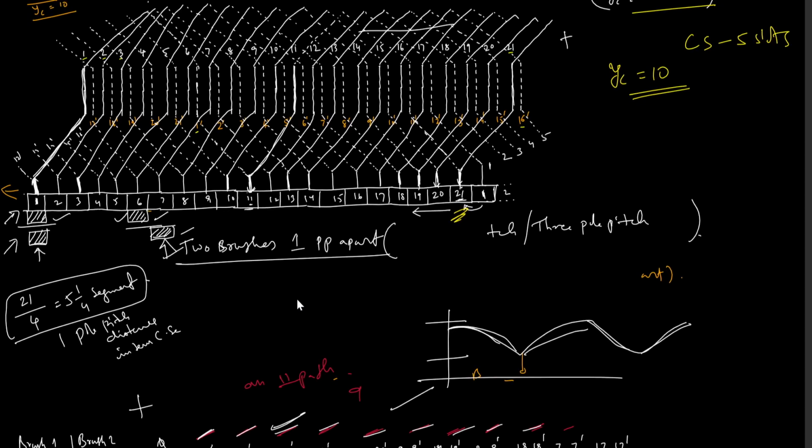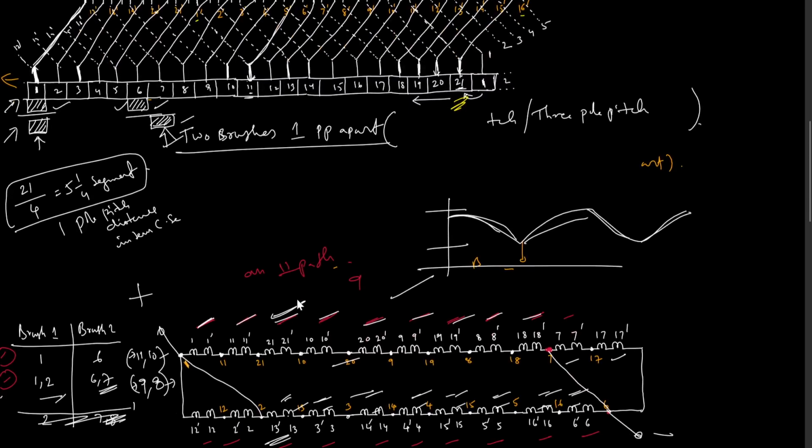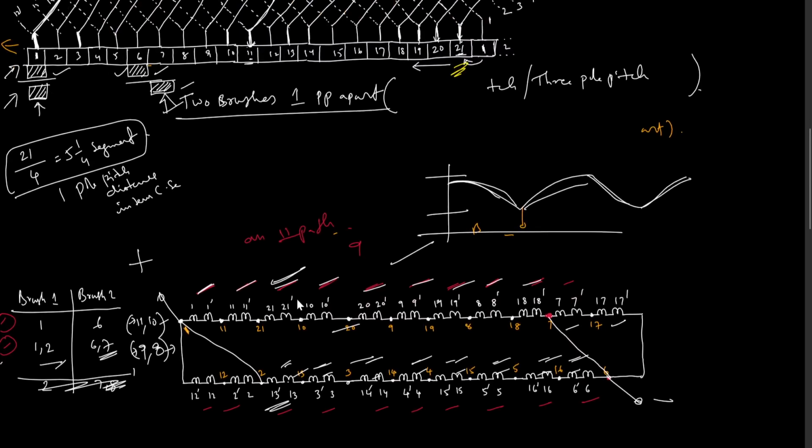at the end we have also discussed the brush positions and the connected coils in the parallel circuits. Okay, so that was the end of the topic. So let me briefly review these concepts once again.